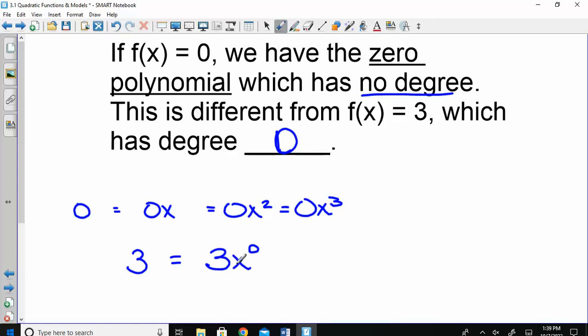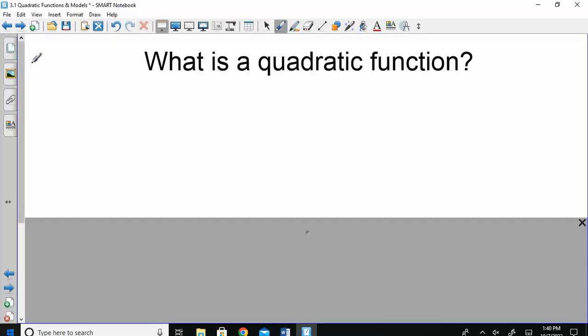All right, today we're only going to focus on one type of polynomial. We're looking at a quadratic. So what's a quadratic? The graph is a parabola. What does the equation have in it? X squared. We've seen those x squareds.